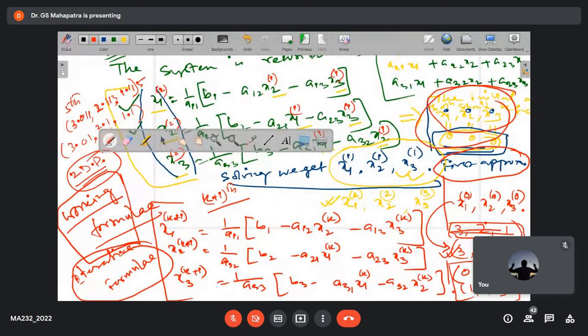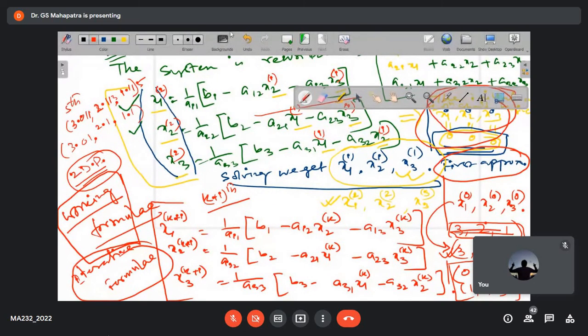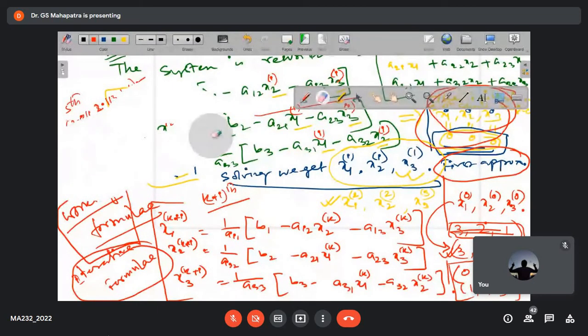Let us consider the 5th iteration solution is 3.011, 2.113, 1.112, to 3 decimal places. Your stopping criterion is correct up to 2 decimal places. In that case, what will be the answer?